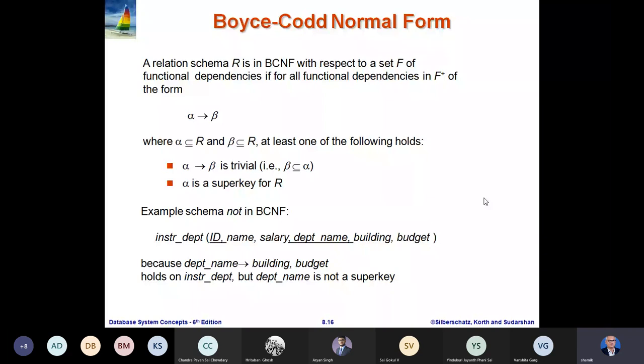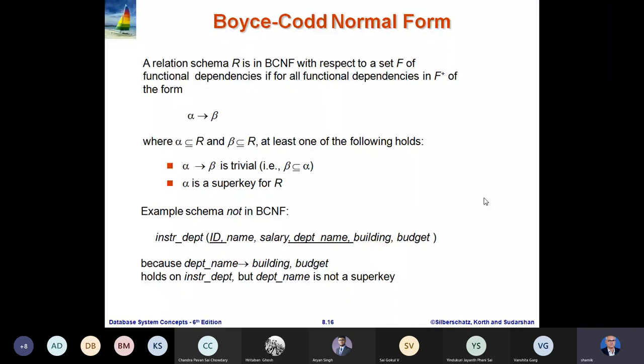And of course this is not a trivial functional dependency, because building, budget is not a subset of department name. Hence it is neither a trivial functional dependency, nor is department name a super key of instr_dept, and hence this particular schema is not in BCNF.